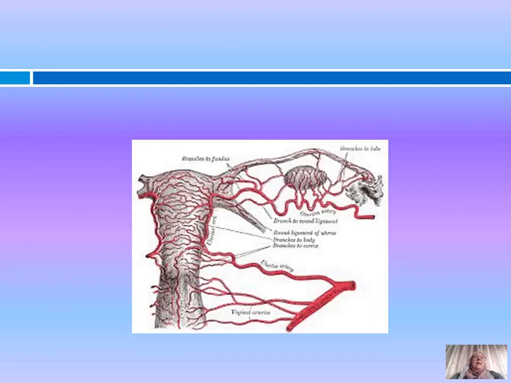So you can see that there's a lot of blood flow around the adnexa, a lot of collateral blood supply to the adnexa.